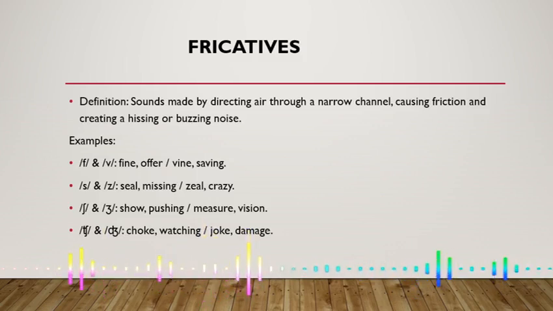So let's look at examples of fricatives. We have f as in fine, alpha. We also have v as in vine, and then saving.